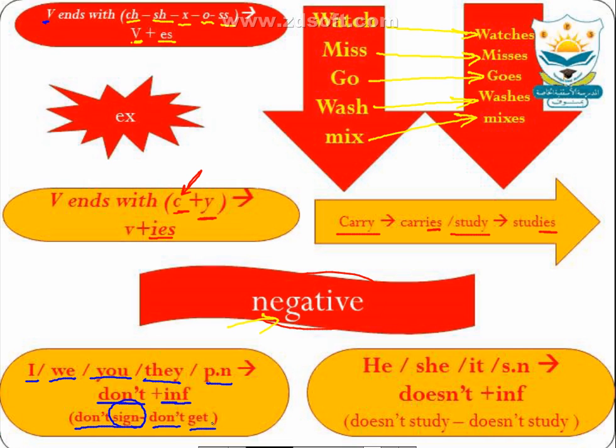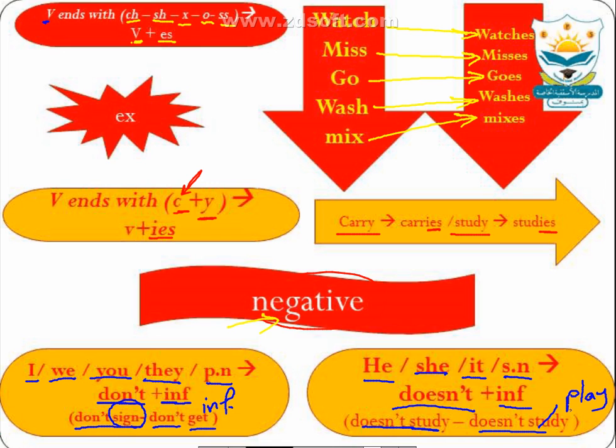Don't get. Get is in infinitive. And also if the subject is he, she, it, singular noun, we use doesn't plus infinitive. For example, doesn't study. We can omit this and put doesn't, for example, doesn't play.